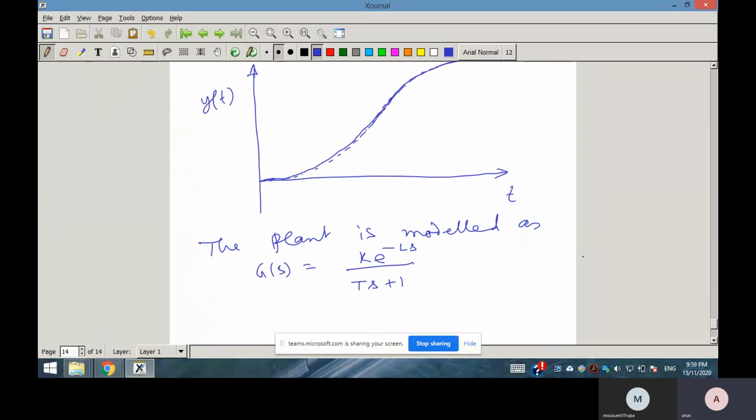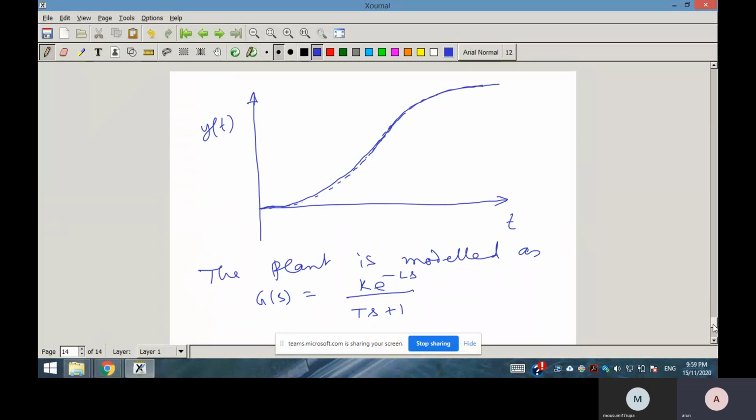So from the given S-shaped characteristics, how are K, L and T identified?